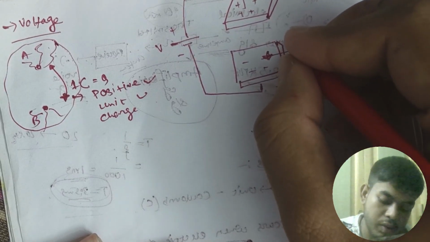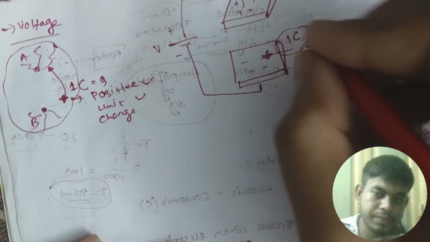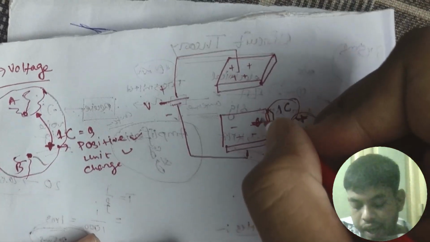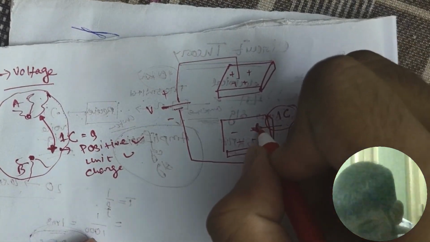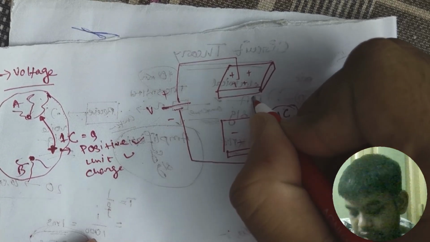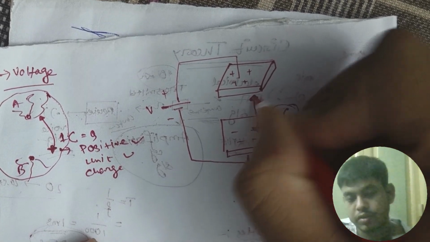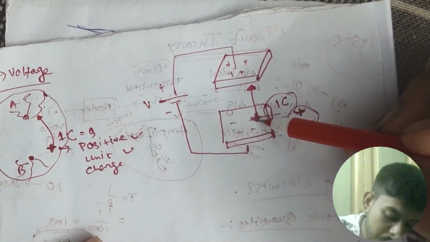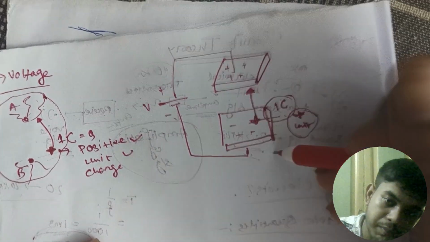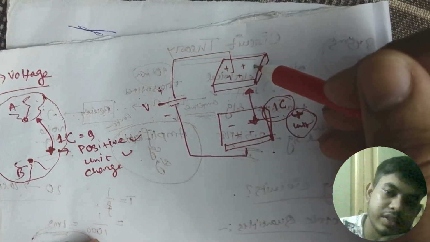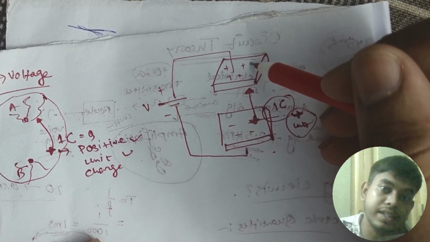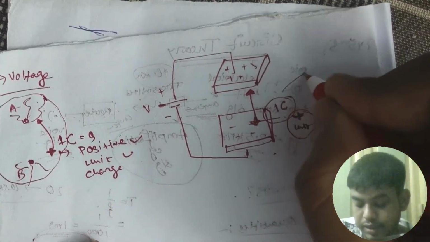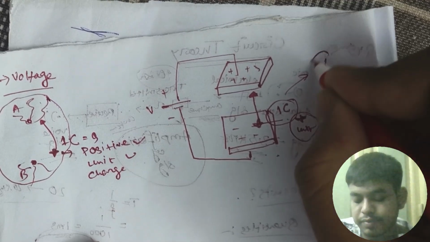So we are taking 1 coulomb of charge and trying to move it from this metal plate to the positive plate. This is the voltage. This is the V.